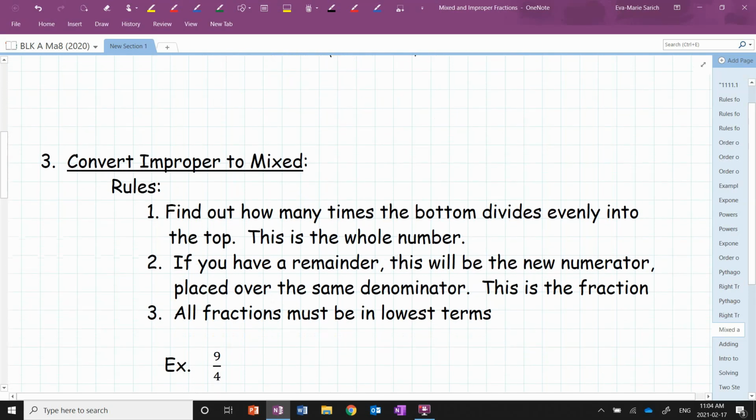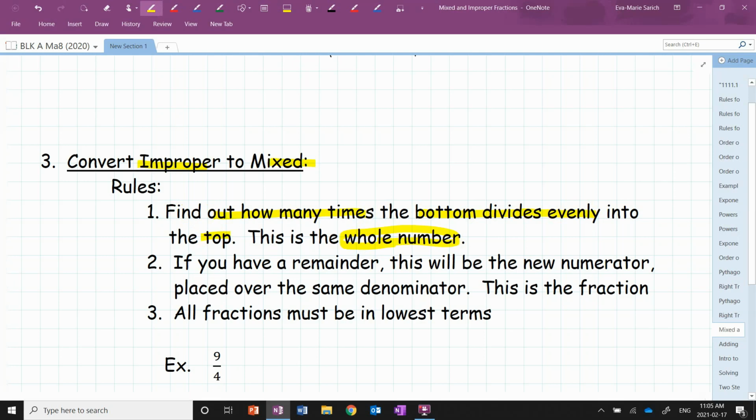So now we're going to move on to being able to convert improper to mixed. So this one is a little bit more difficult. So what we need to do is find out how many times the bottom divides evenly into the top. When you do that, this becomes the whole number. Okay? Now, most of the time, it actually doesn't divide evenly.